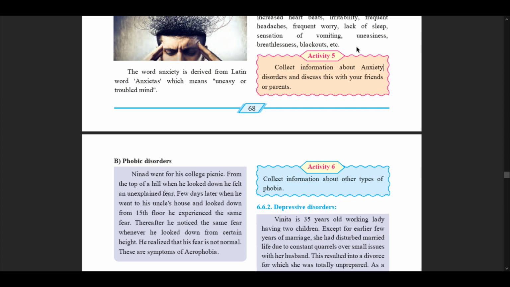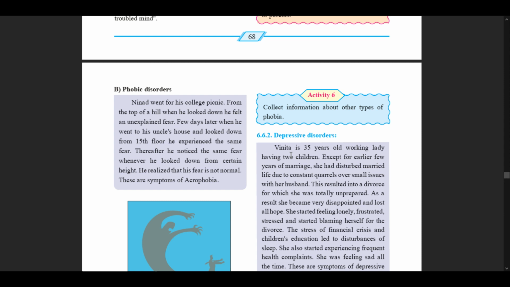Similarly, collect information about other types of phobia, such as arachnophobia, claustrophobia, etc., and determine whether each is a specific phobia, social phobia, or another type.